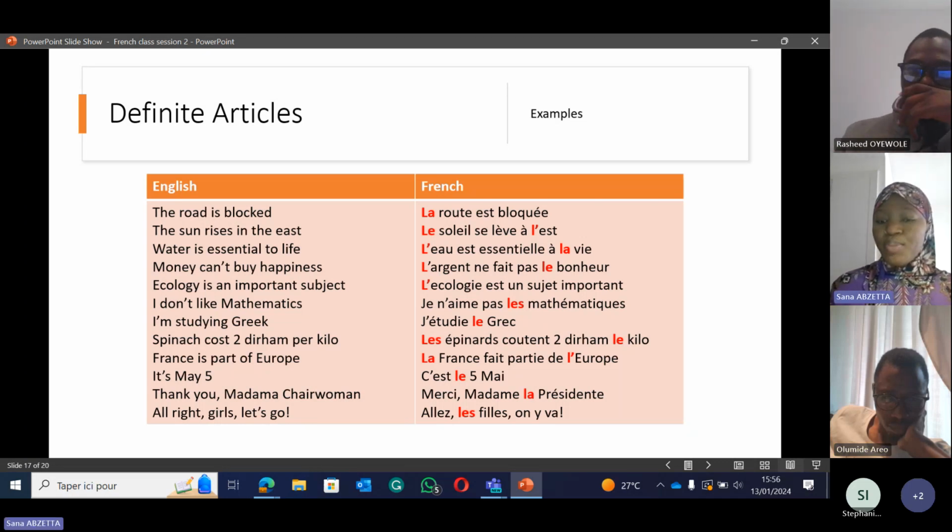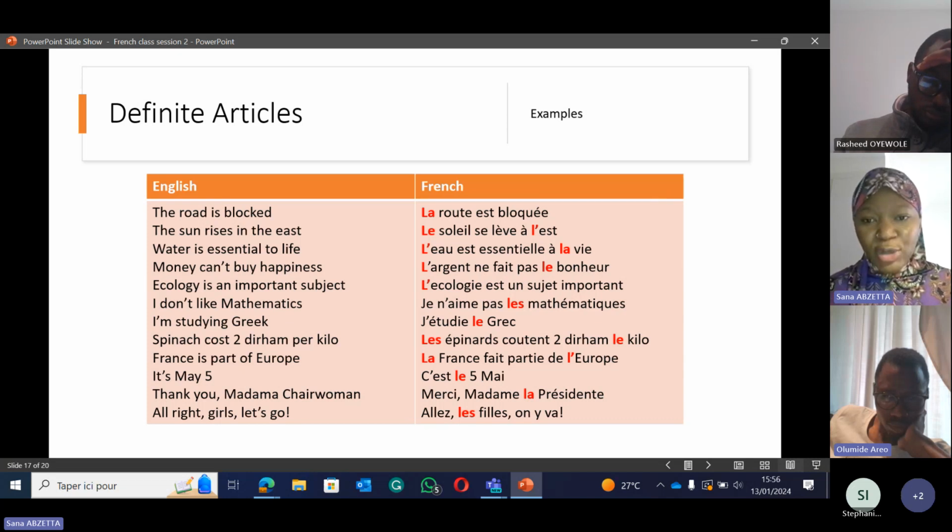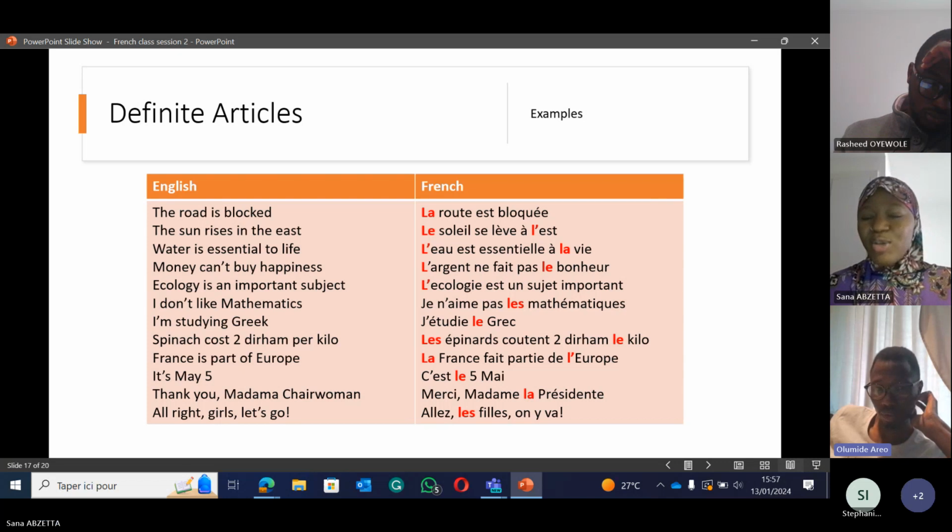But it's not really correct to translate it like that in French. That's why I use l'argent ne fait pas le bonheur. If I translate it word by word in English, it will be money can't make happiness. Oh, okay. You see, it's not correct. That's why you have this difference.